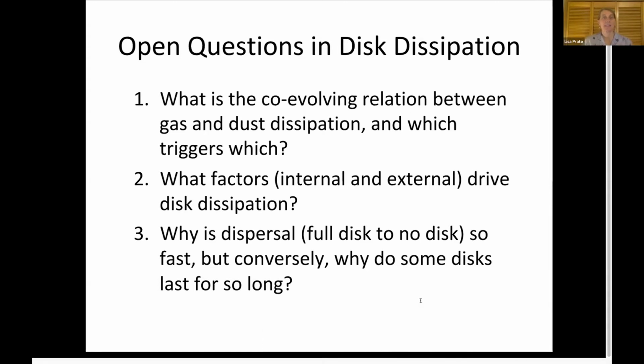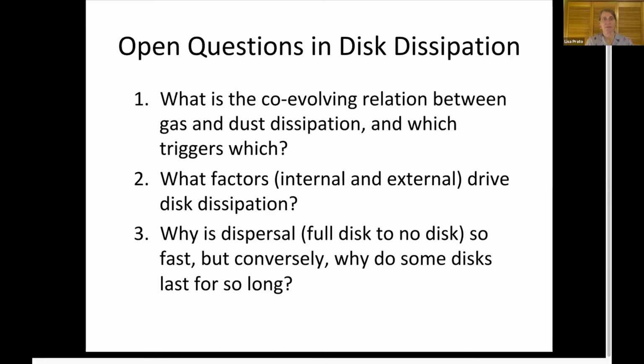And so I'm really excited about this because these are some really tricky questions, and they're important for understanding how disks evolve and whether or not planets can form, and if they do form. So what are these open questions that we're really interested in? One is this relationship between the gas and the dust, which triggers which. And Alicia just sort of touched on it a little bit with the debris disks.